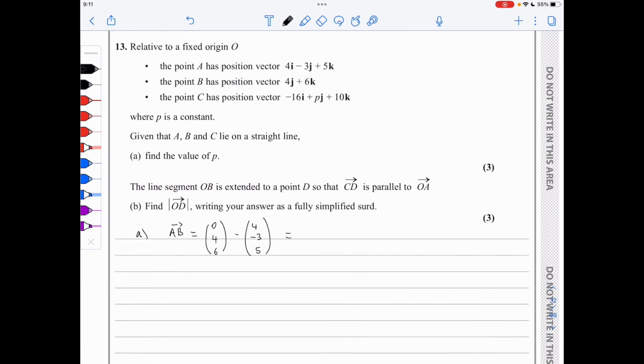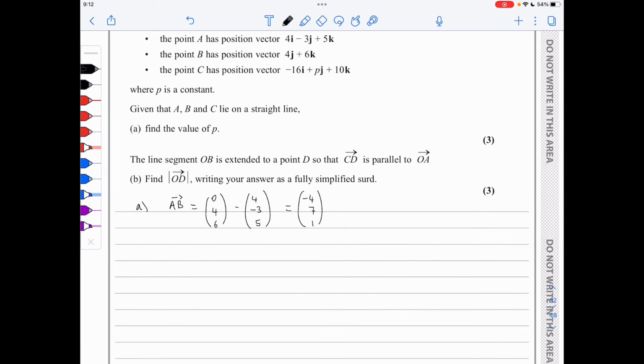And this gives an answer of (negative 4, 7, 1). And I will also find the vector BC, which is the vector C, (16, p, 10), minus the vector B, which is (0, 4, 6), which gives (16, p minus 4, 4).